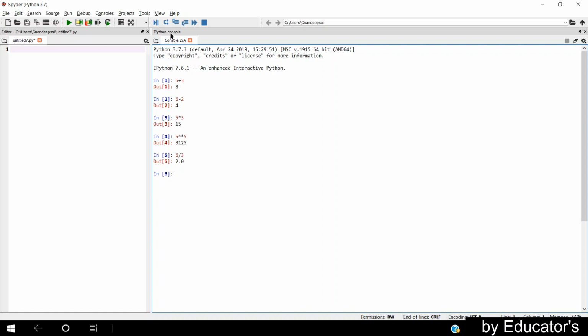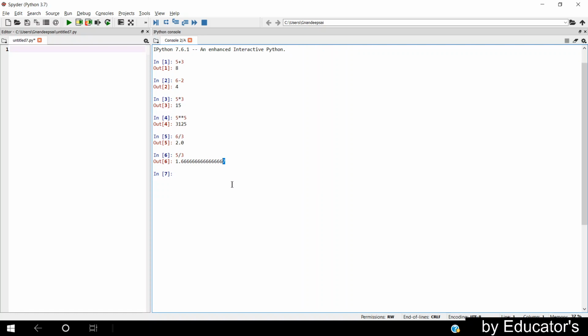What is the reason behind that? Why didn't it give 8.0, 4.0, 15.0, 3125.0, and here only it gave me 2.0? I'll tell you the reason in a moment. We'll explore some more division operations. 5 by 3 will give you something like 1.666, but here you can see 7.